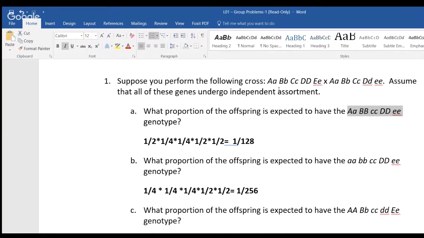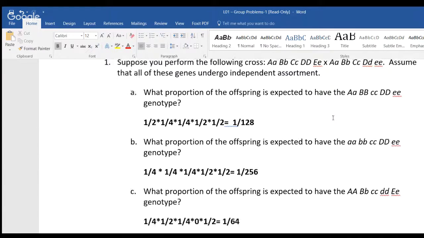So you say, okay, when we did the Punnett square, half of them were AA, so you put that down, and then you go to the next one for the B, and you say, okay, a fourth of ours were BB, so we multiply it by that, and you keep going through and do that for each one until you have them multiplied all together, and that's going to give you 1 out of 128, and that will be your proportion.